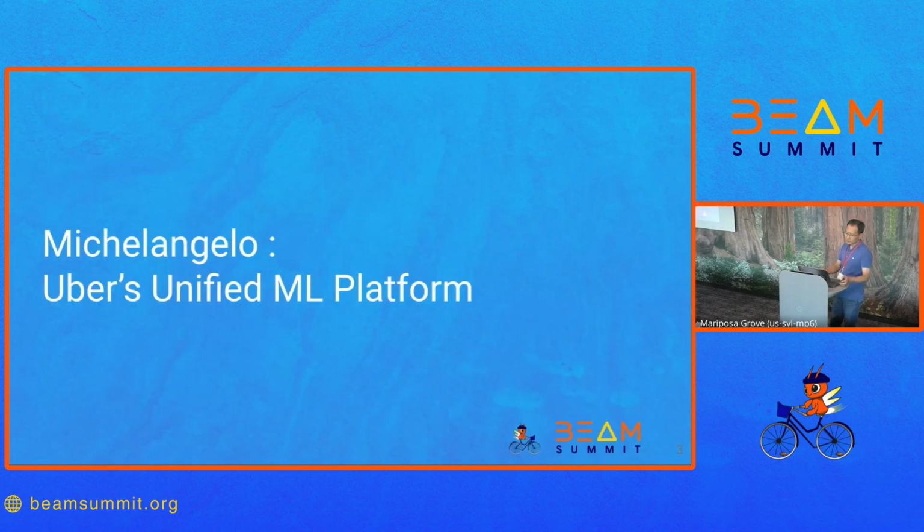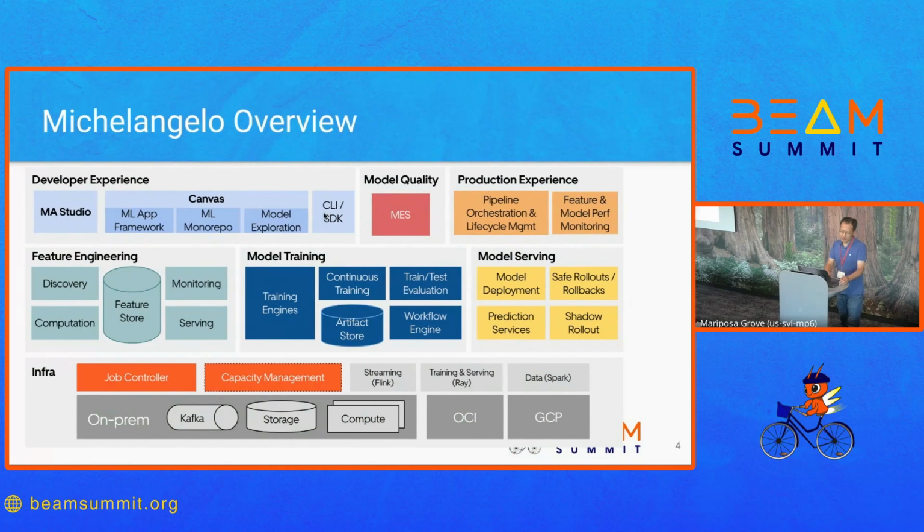Michelangelo at Uber is basically Uber's unified machine learning platform. We do a lot of things, from end to end: data preparation, feature gathering, training, continuous training, evaluation, serving for model deployment, the rollout, the safe rollout, the shadow rollout, everything.